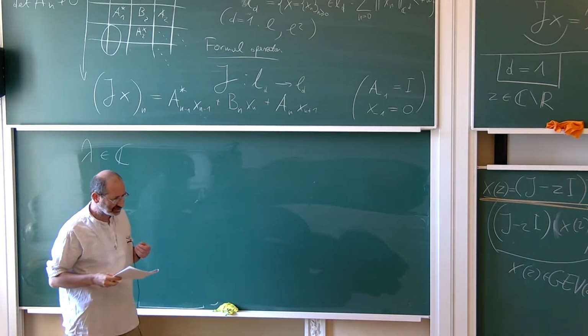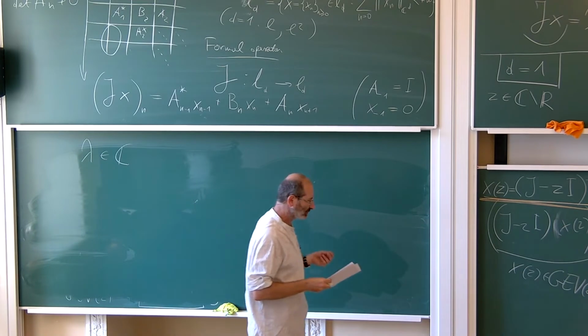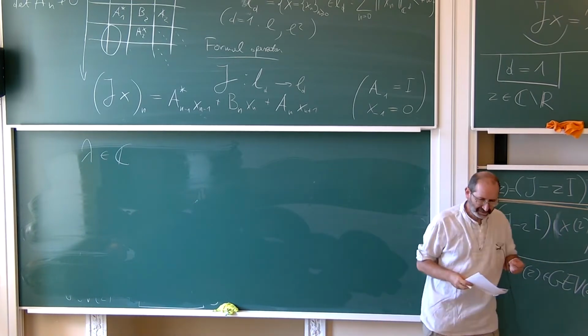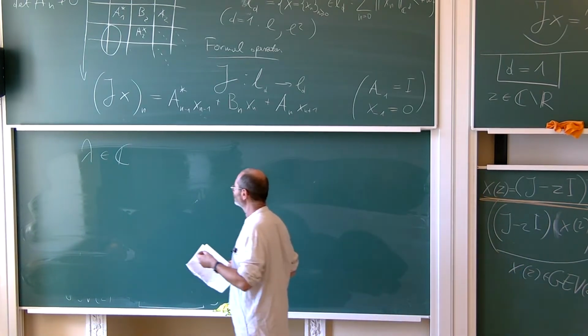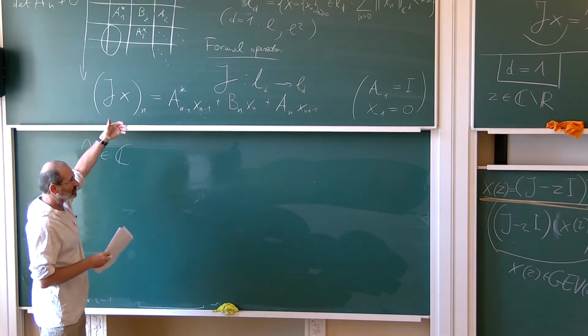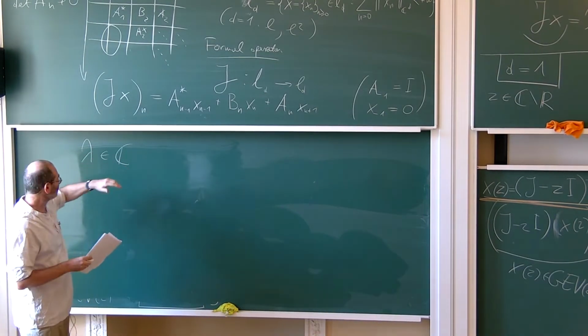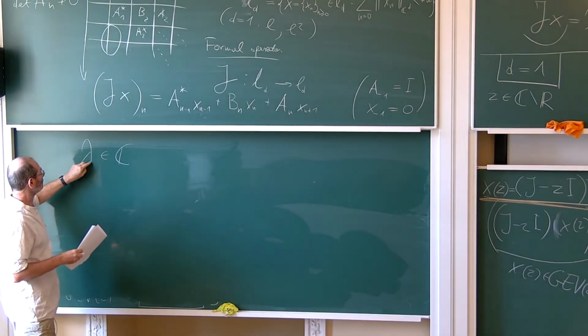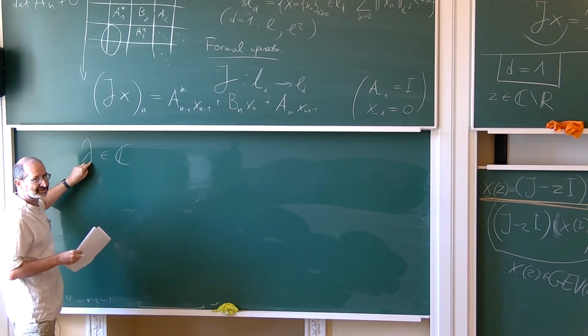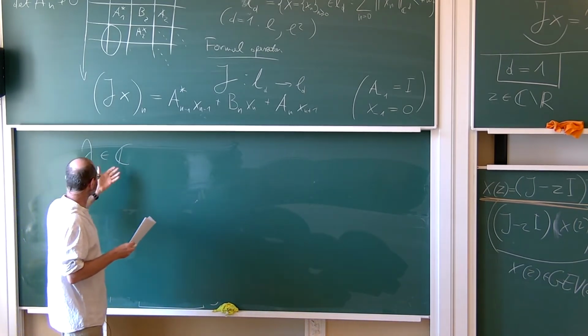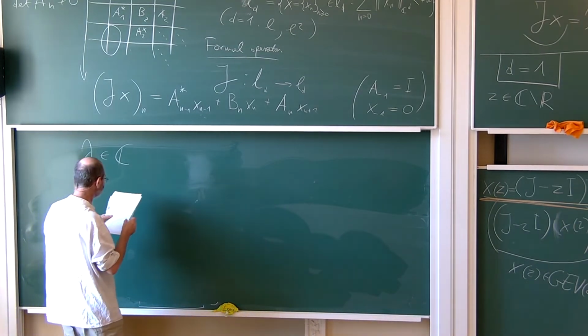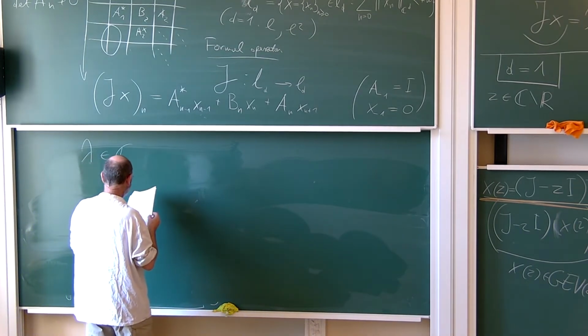Usually we use the name subordinated solution for the solution from a generalized eigenvector, which is for real numbers. But generally speaking, we can also consider complex. Okay.